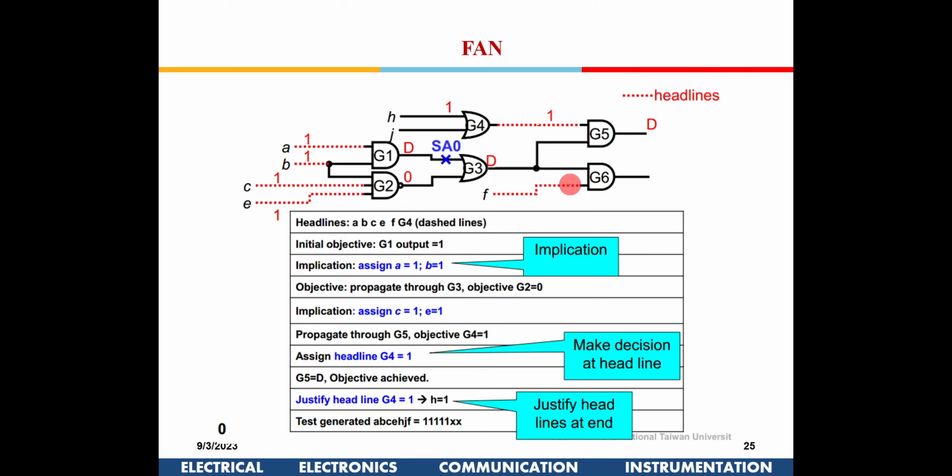Unless this F itself is not a primary input and is coming from some other net, then the difficulty level will be more. But if F is a primary input, then obviously transmitting it through G6 will be easier. So PODEM and FAN will zero in on this.